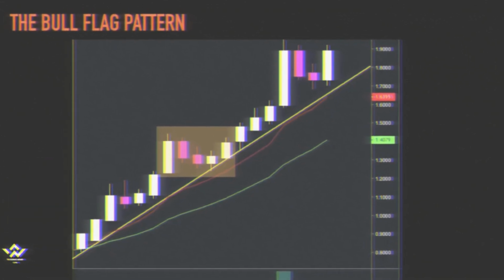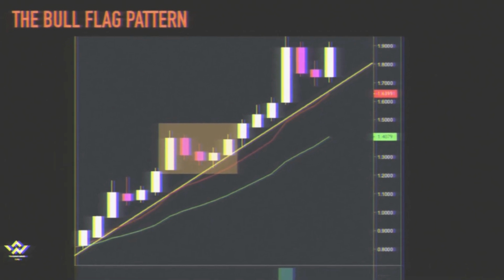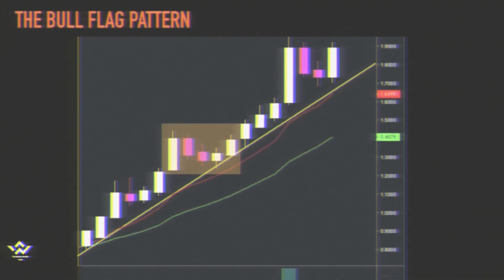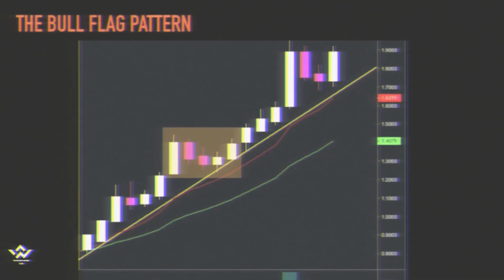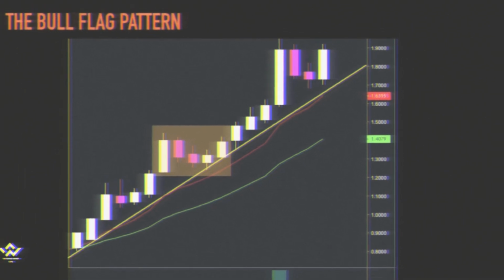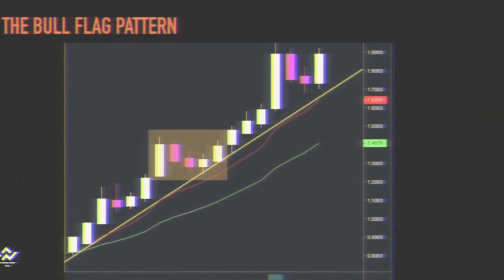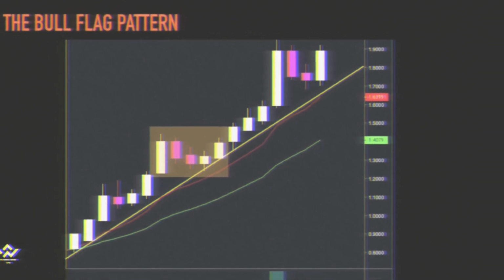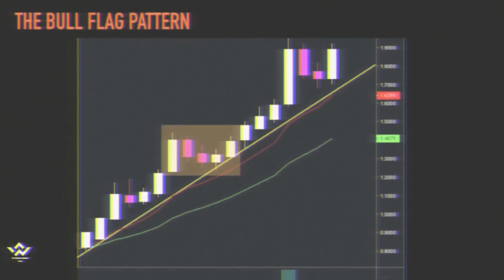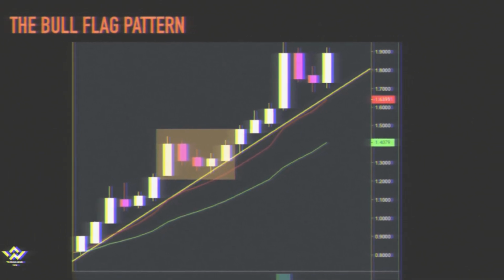When we combine market waves to an uptrending stock, we get what are commonly known as bull flag patterns. Bull flag patterns have strong upwards moves followed by what we call a pullback. We call it a pullback because once a stock makes a strong move, it typically pulls back to a market structure such as a moving average, a trend line, or a support or resistance line coming from the daily or an intraday chart.